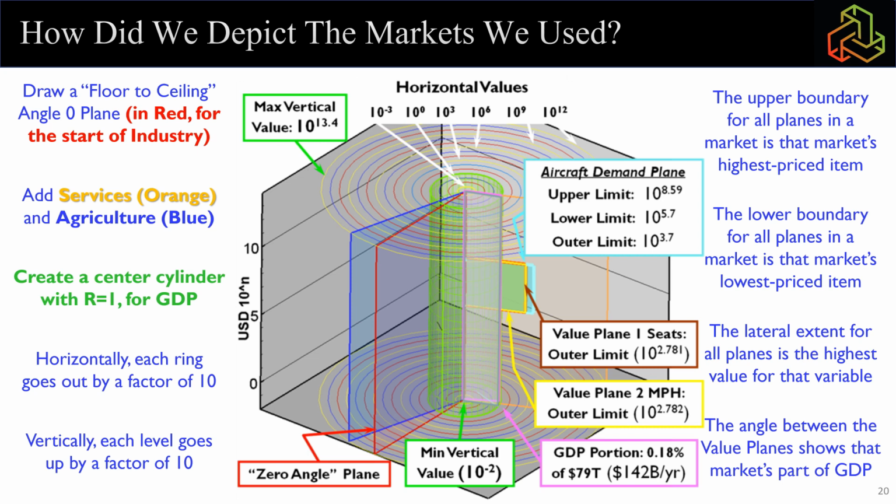And the outer limit of both, in this case the speed and the seats, shows the maximum extent of that. So again, the Airbus A380 had about 600 seats and went about 600 miles an hour. So they're almost identical right here. And it turns out, again, the angle between these two tells us how much is in the market, about 2.2%.